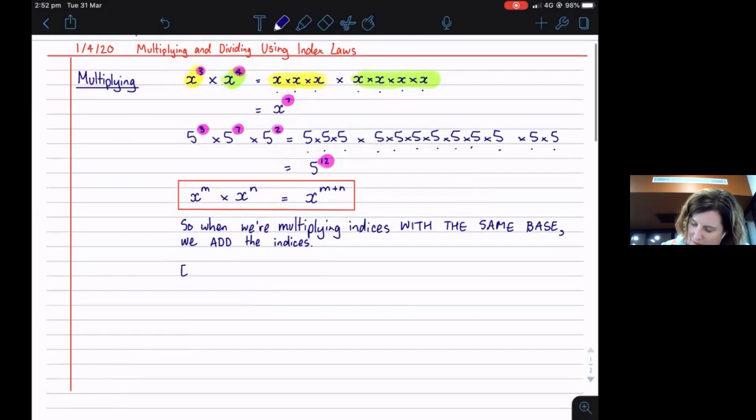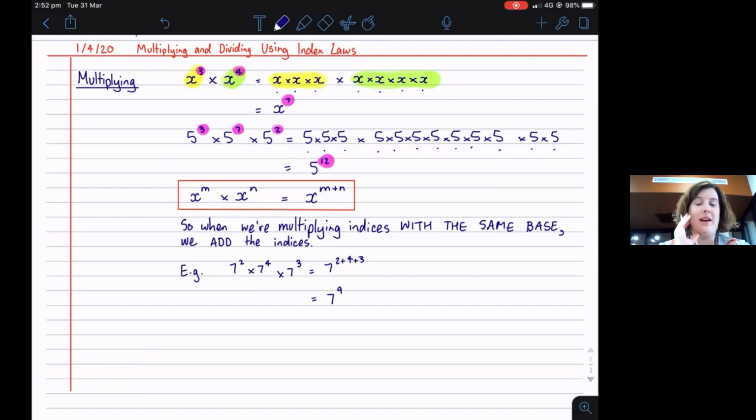So for example, if I had 7 squared times 7 to the 4 times 7 to the 3, then that equals, well, it's 2 plus 4 plus 3, which equals 7 to the 9. I hope I've added that correctly. That would be embarrassing if I had not.